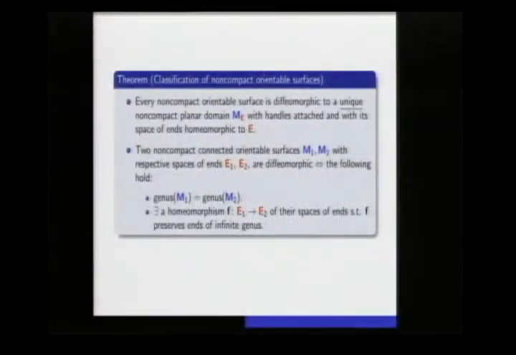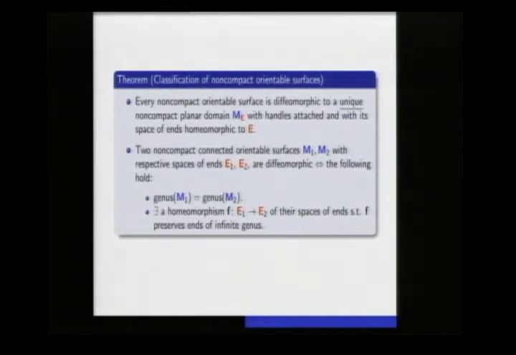When can you tell if two of them are the same? And this is just the classification. If they have the same genus, that's certainly necessary. So maybe they're both infinite genus. That's good. That solves the problem. Okay. And you want a homeomorphism of the space of ends. Remember, the space of ends has a topology. So you have to try to organize.